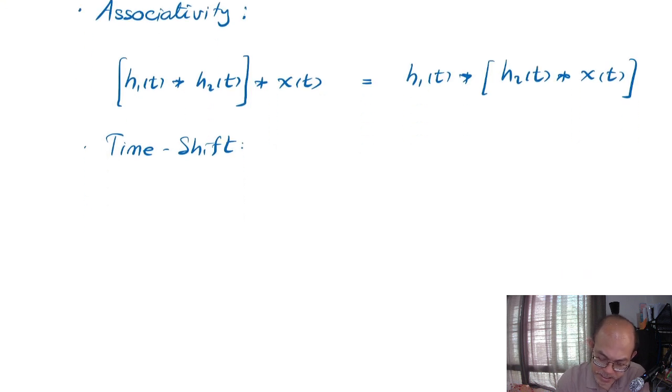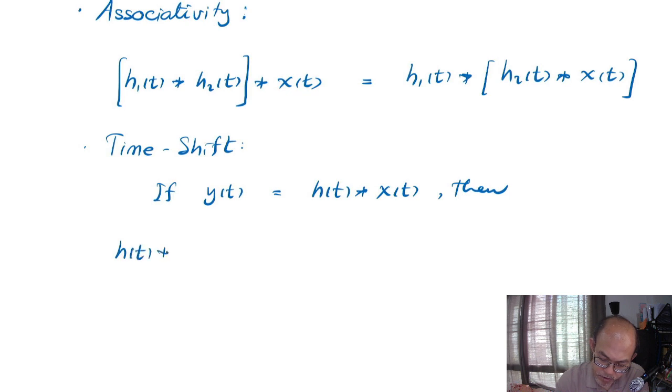The time shift property states that if y of t is the result from convolving h and x, then if we convolve h with x that is delayed by time t0, the result would be y delayed by time t0.